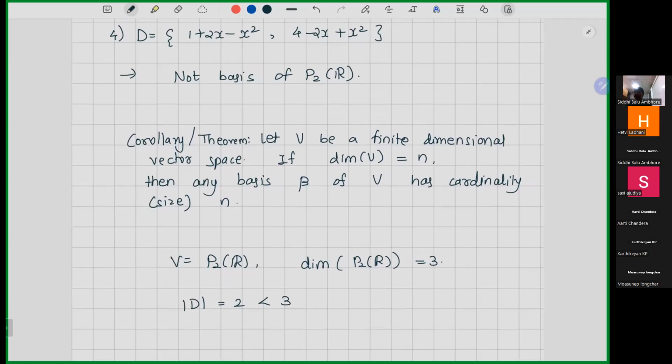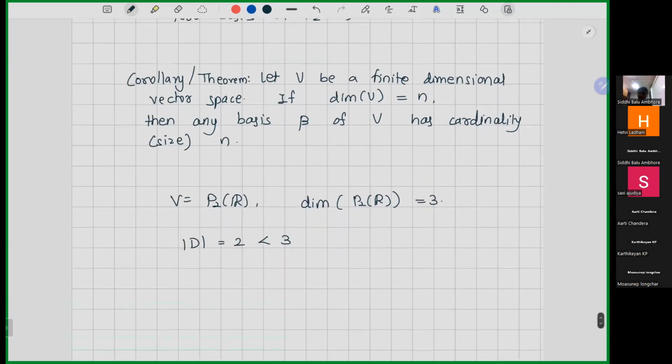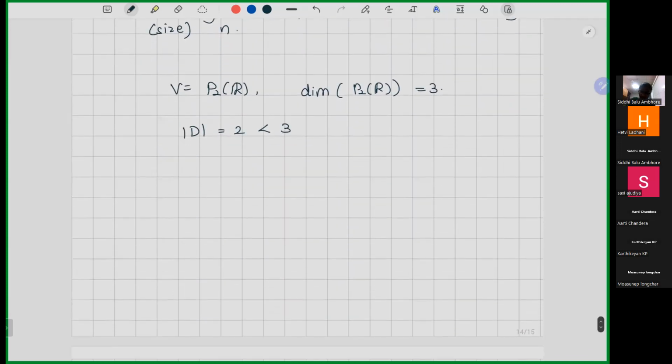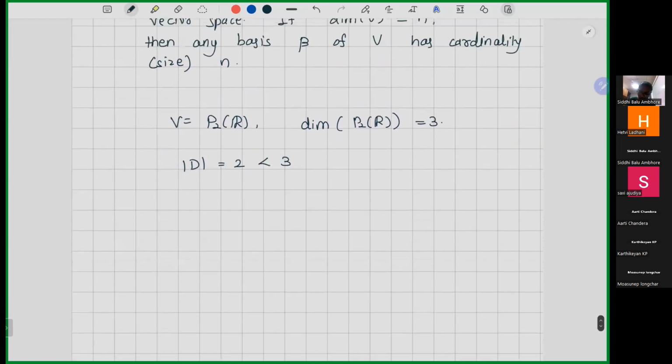Any other questions? Is it clear? Let me finish this. Therefore, D is not a basis of P2R. So, anyone has any doubt in this case?